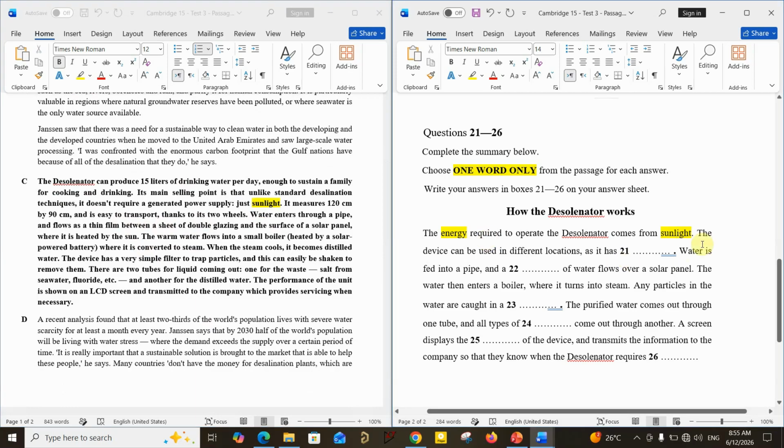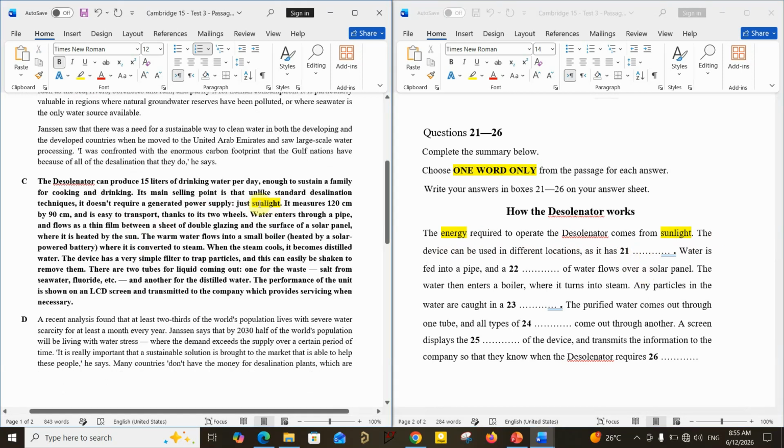So the first question: the device can be used in different locations and it has what? So this is sunlight, so probably the answer is from the follow-up sentences. It measures 127 by 90 centimeters and is easy to transport thanks to its 2 wheels. So the device has 2 wheels.